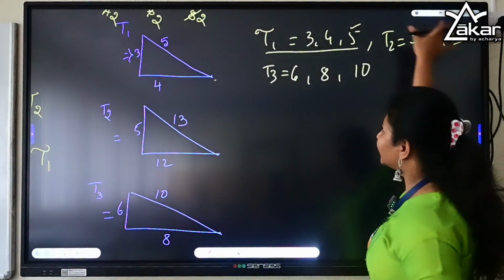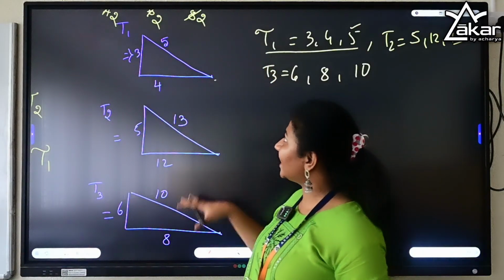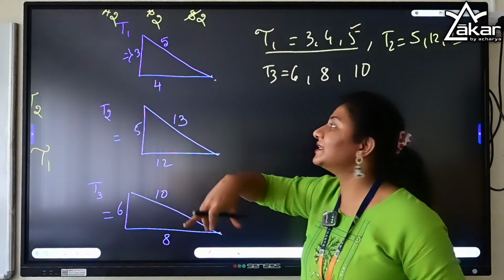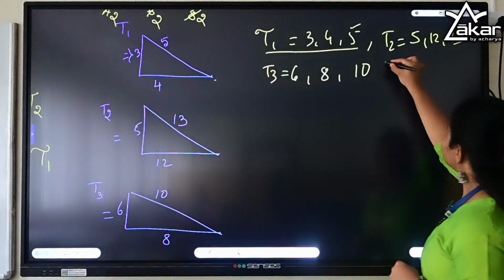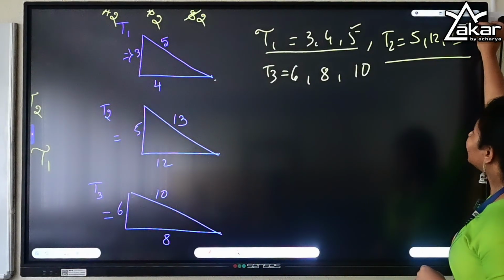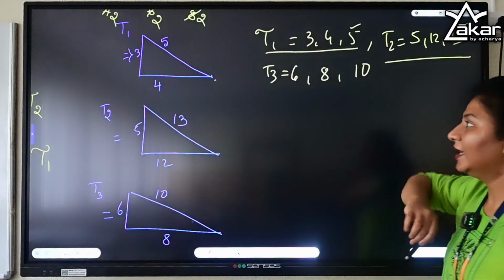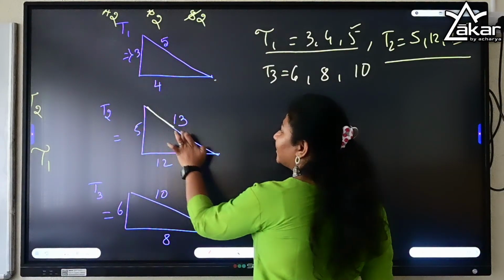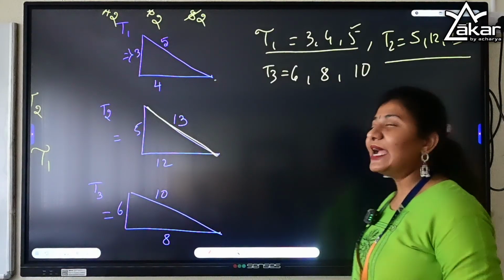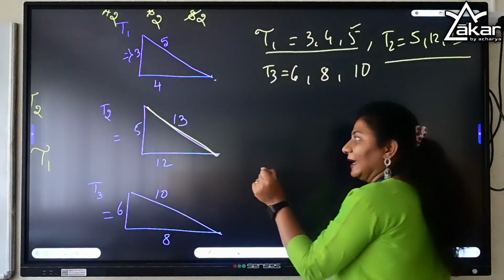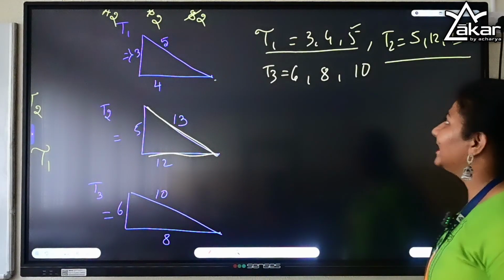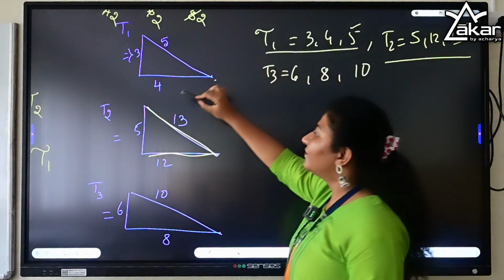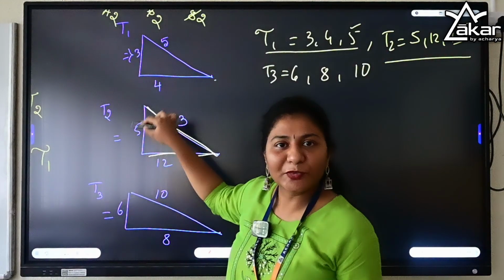So according to these measures, I have written the triangles according to the given sides, that is 3, 5 and 4. Again, when it comes to T2, which is the highest one? The highest value is 13, which defines the hypotenuse, and a little bit smaller is 12, which defines the base, and the last left out is 5, which defines the opposite side.